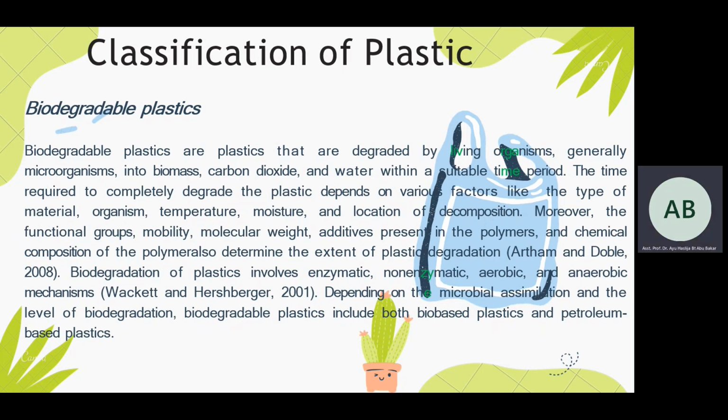Now, biodegradable plastic is plastic that is degraded by living organisms and can easily be degraded. The time required to completely degrade the plastic depends on various factors, for example, the type of material, organism, temperature, the condition of the environment, moisture, and the location of the decomposition.